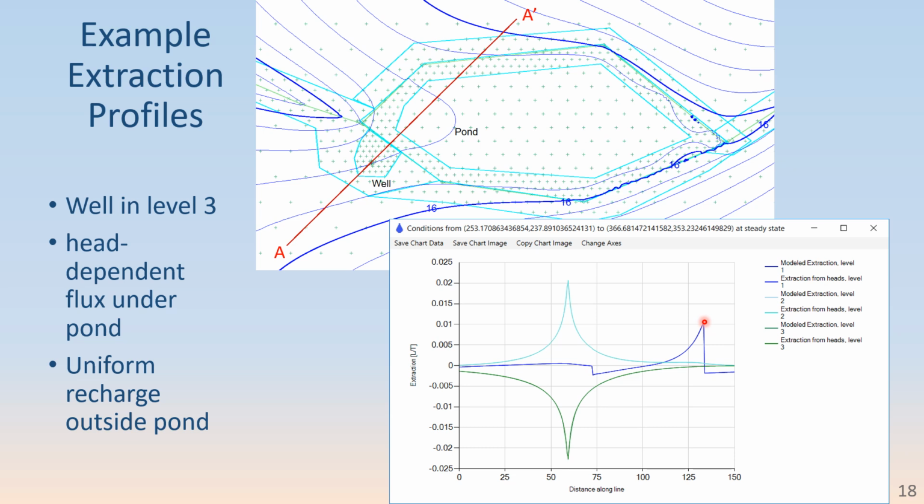That's the leakage out of the uppermost domain into the pond near the shoreline, and that decays as you approach the middle of the pond. At the other shoreline, we're near the well, and the pond is actually losing water to the upper layer and feeding the upper layer of the aquifer because there are downward gradients induced by the pumping well.